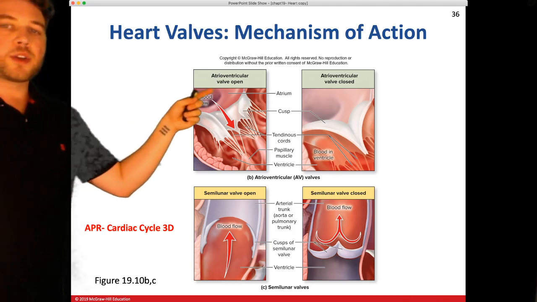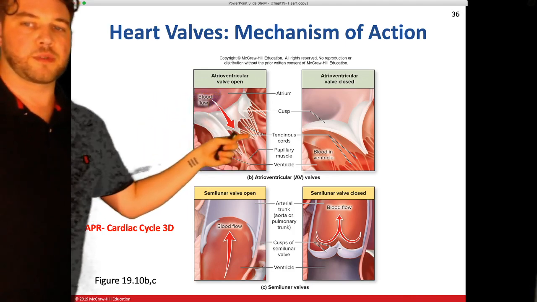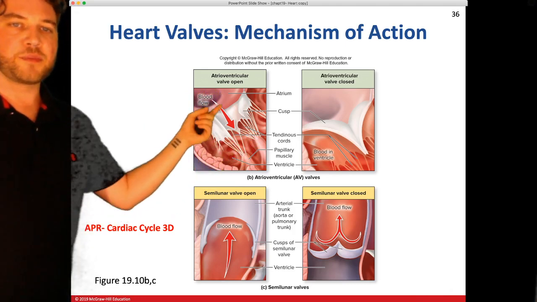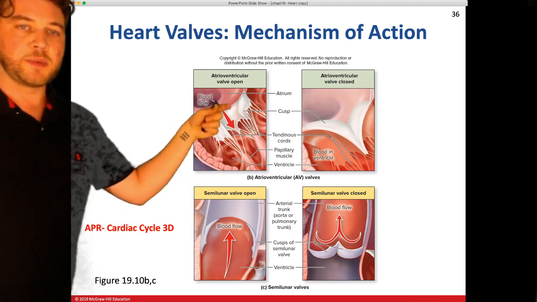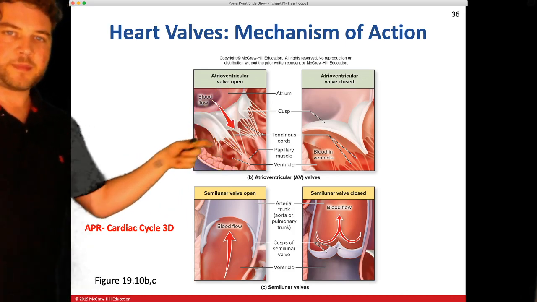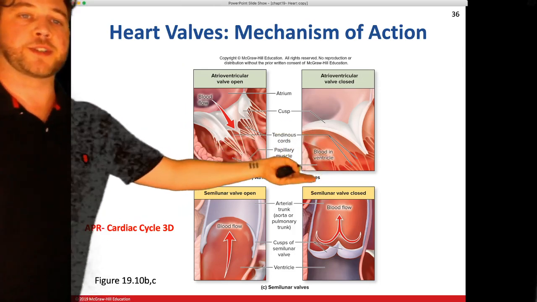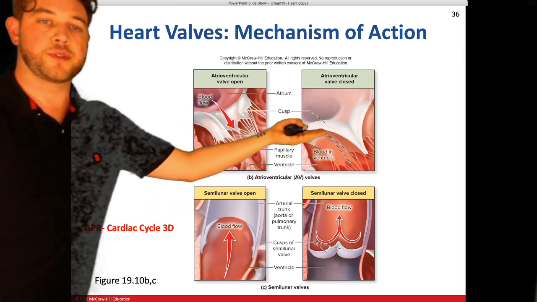Okay, so for the atrioventricular valve, it's opening. You can see you have 1, 2, 3 cusps here. You have blood flow coming in, and that flow of blood is going to help open up the valves. Once the ventricle gets filled, the pressure in the ventricle will be great enough to close that valve.